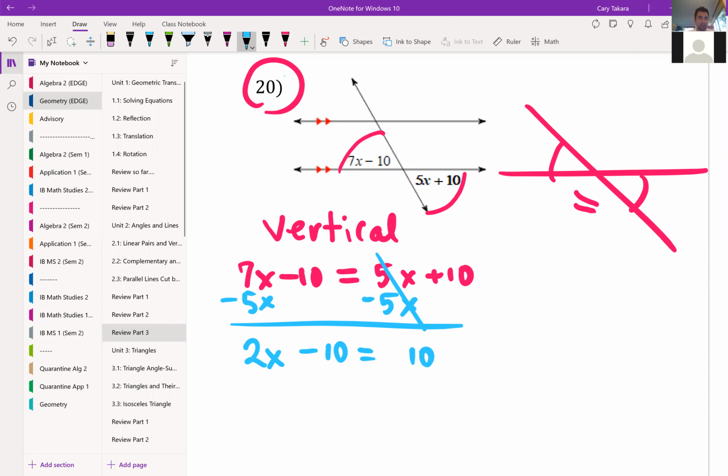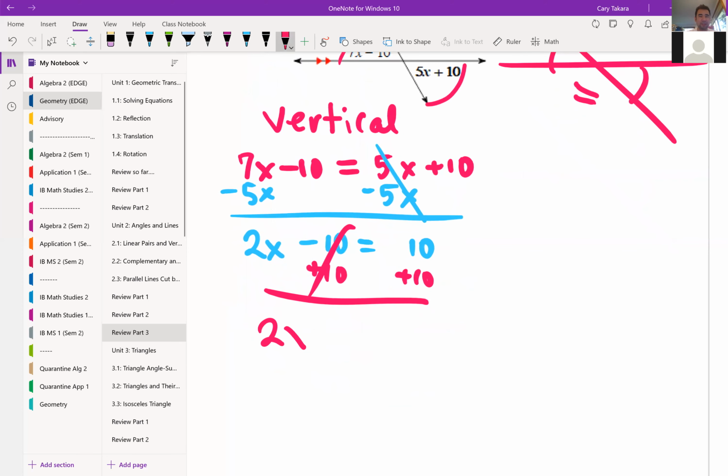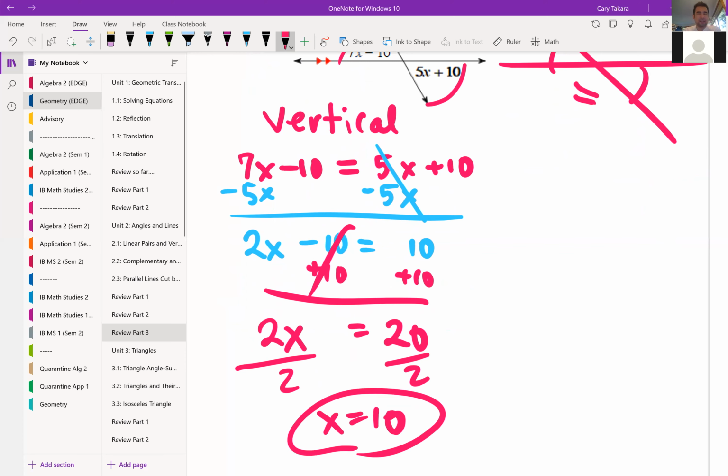You would add 10, add 10. So you get 2x equals 20. And then divide by 2. So x equals 10. Does that make sense, guys? Any questions on this question, or any other questions?